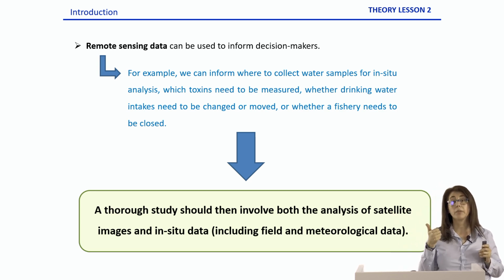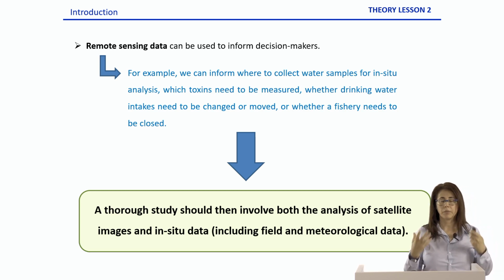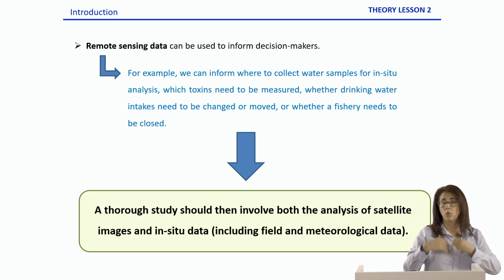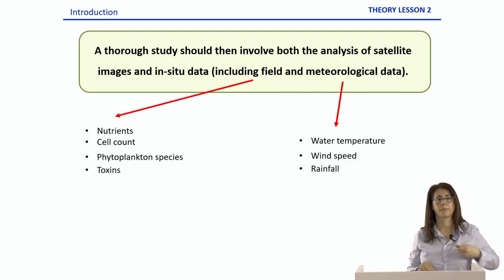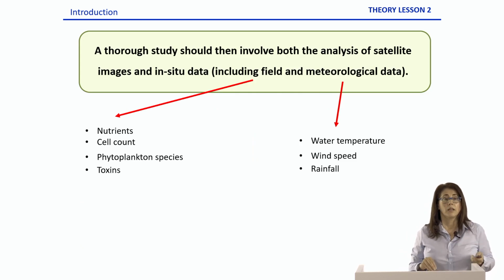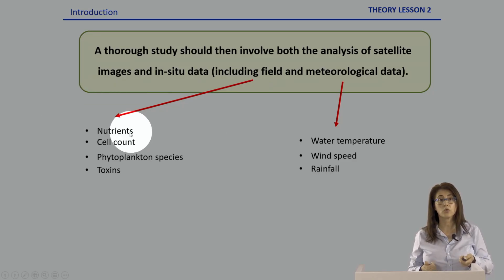But we also need meteorological data. If you remember, certain HABs require low wind conditions, slow-moving water, and warmer temperatures, so we also need meteorological data. As I was saying, if we talk about field data, we might need to measure nutrients to see if we are dealing with eutrophication problems.